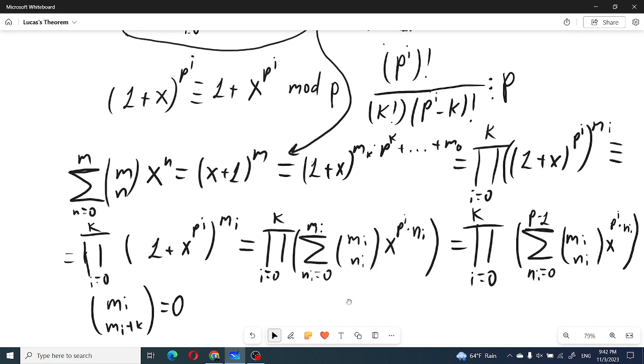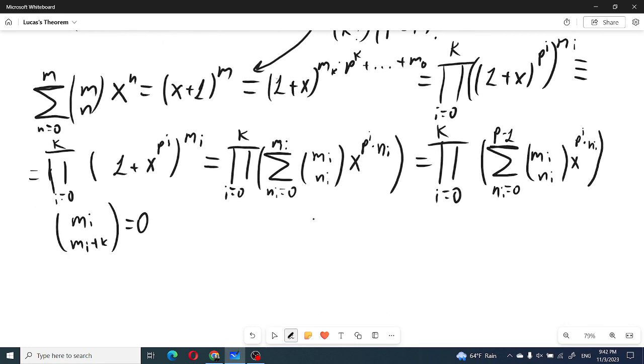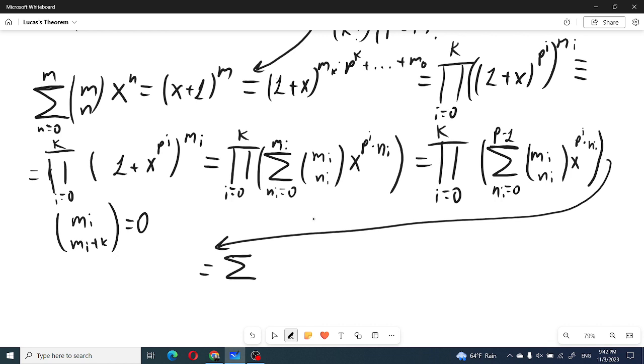From here we can conclude that this gives us the sum of all numbers from n equals 0 to m.